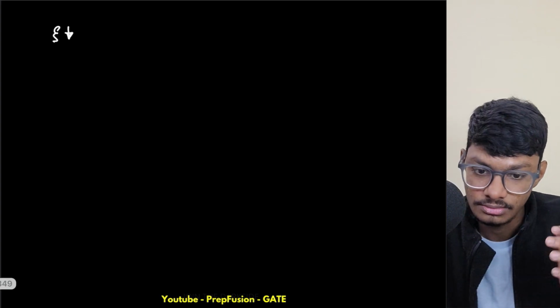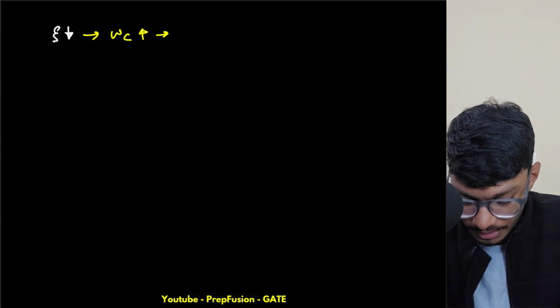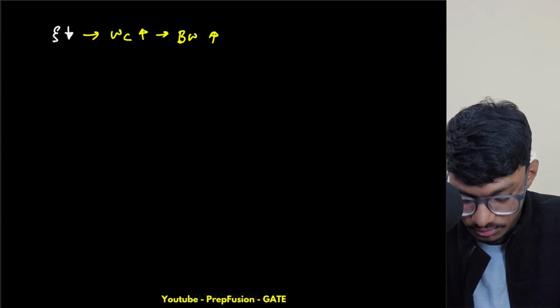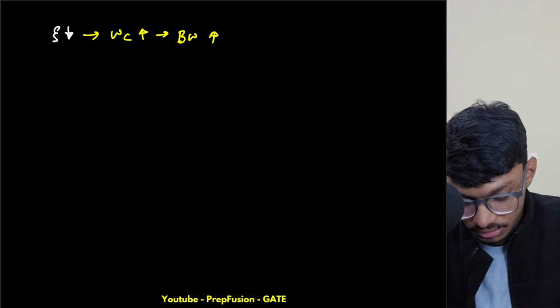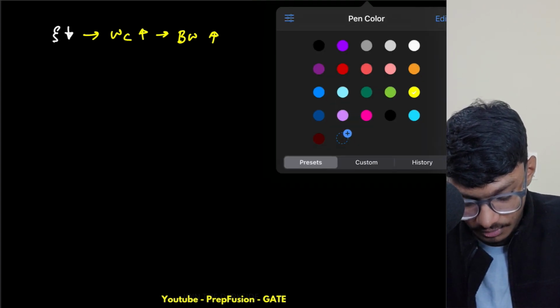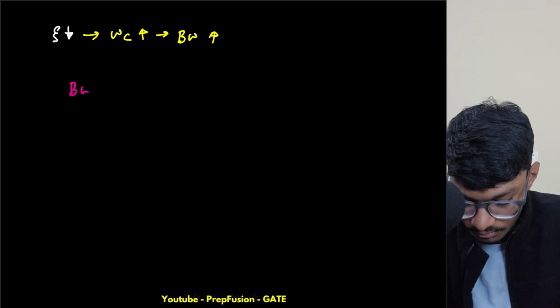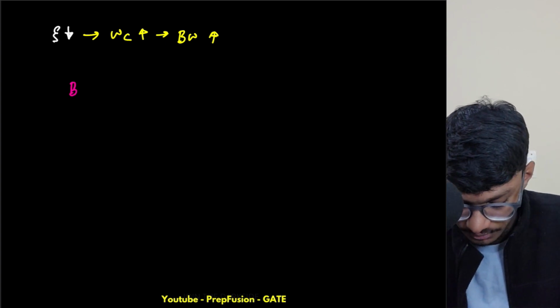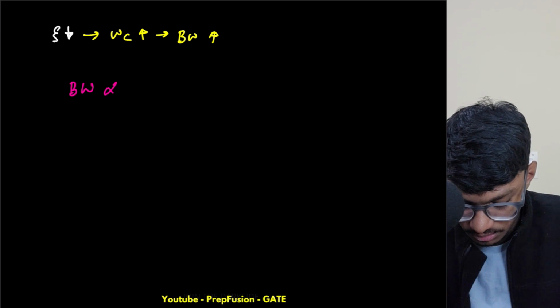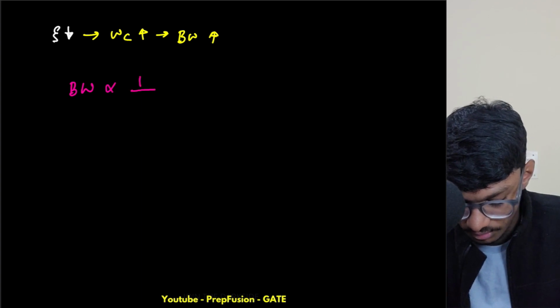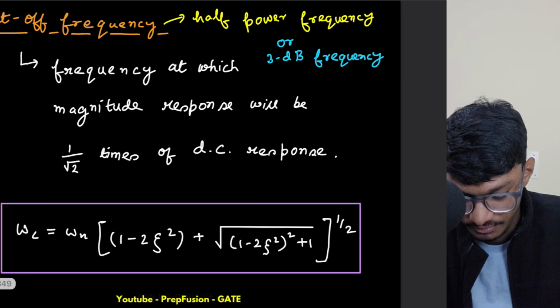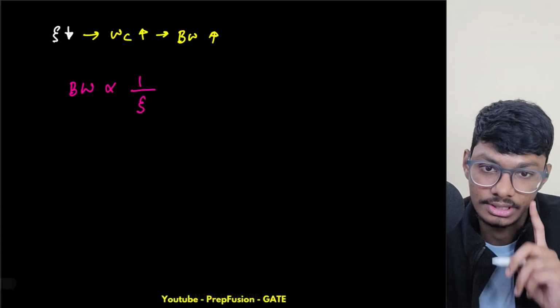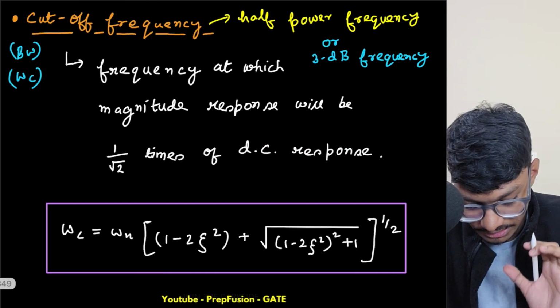So if zeta reduces, my omega c increases, or my bandwidth increases. So what I can say, bandwidth is inversely proportional to zeta. So this is the relation that we found out.